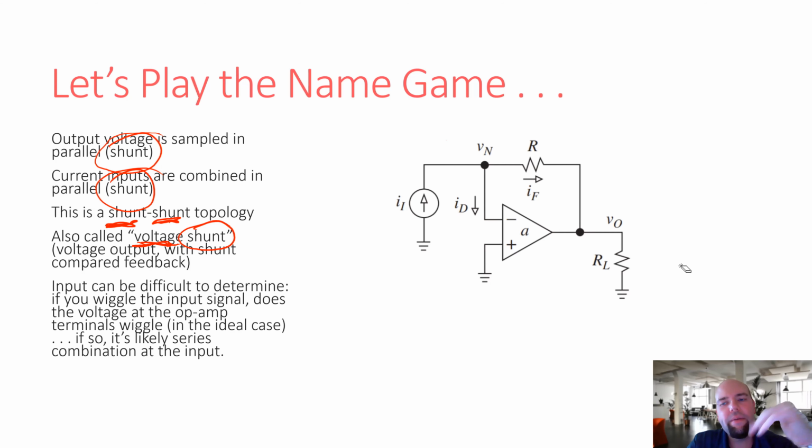And if I wiggle my input and the voltages at the op amp don't change, that usually means I'm combining things in shunt. So typically, regardless of whether the input is a voltage or a current, if the voltages at the inputs to the op amp don't change, then very likely what's happening is somehow I'm converting that input to a current and then comparing two currents.